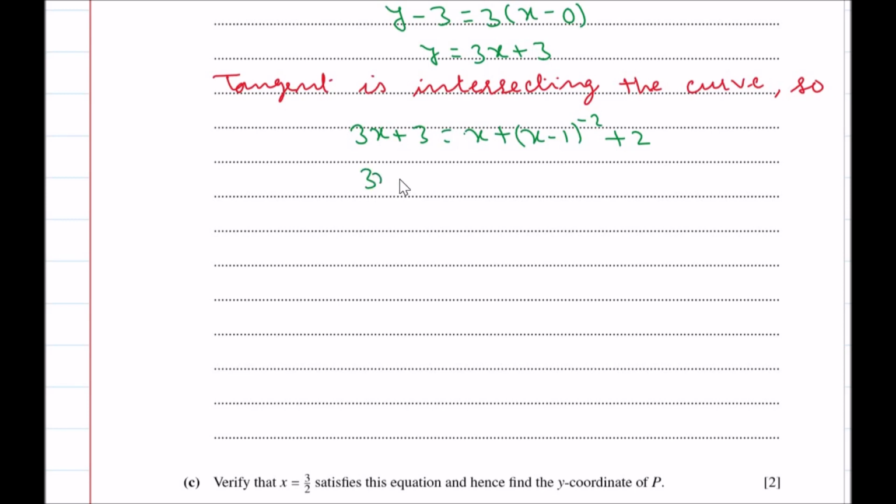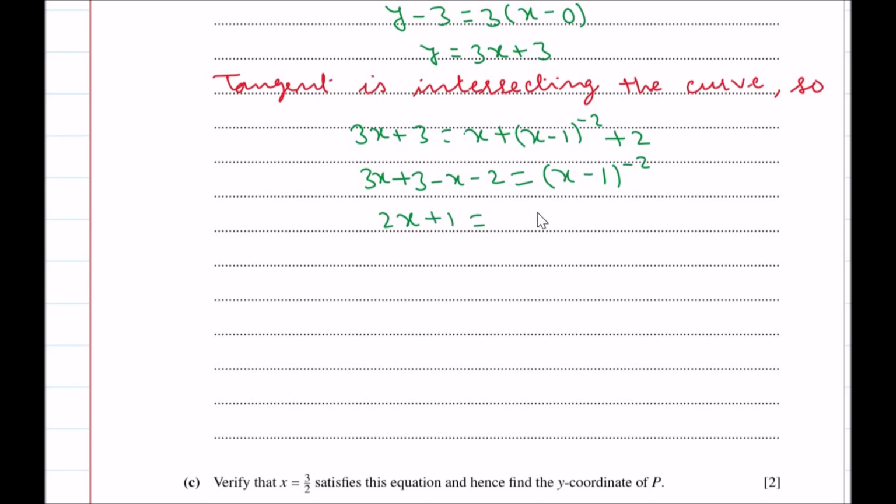Now 3x plus 3, let us bring this side: 3x plus 3 minus x minus 2 equals (x minus 1) to the power minus 2. I shifted the like terms to the left side so that we can combine them. 3x minus x, we get 2x, and 3 minus 2, we get plus 1.